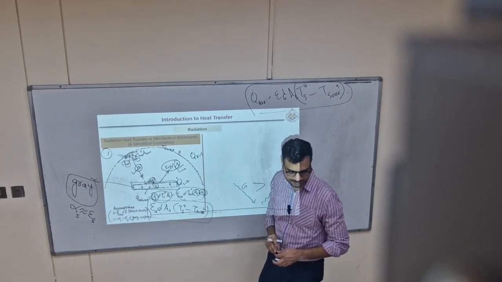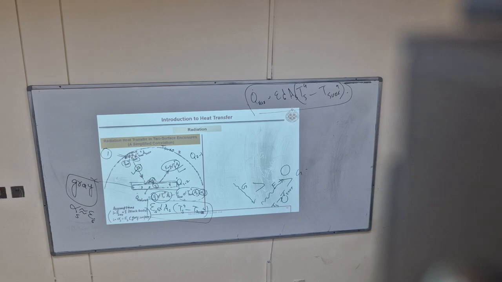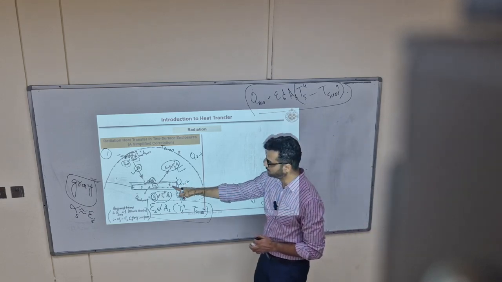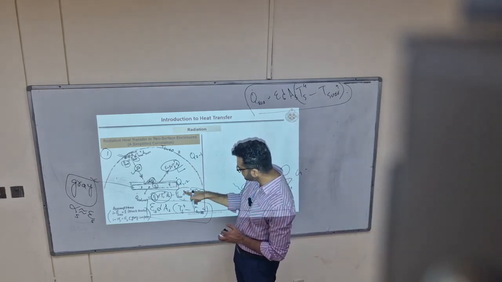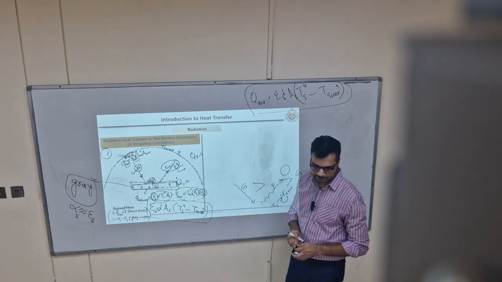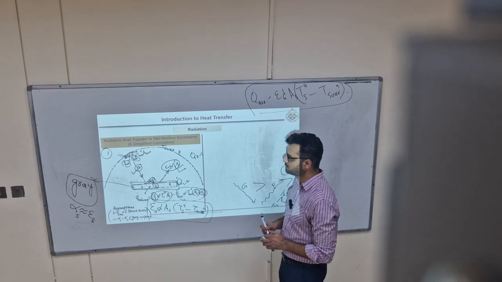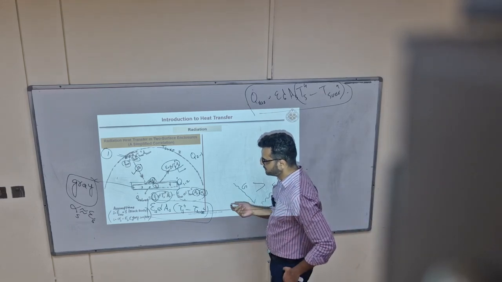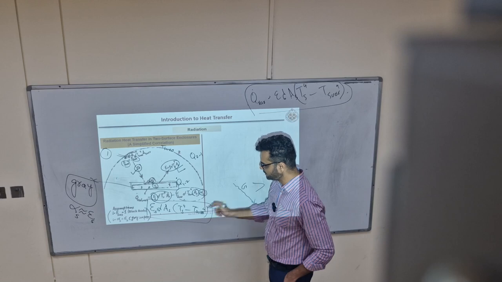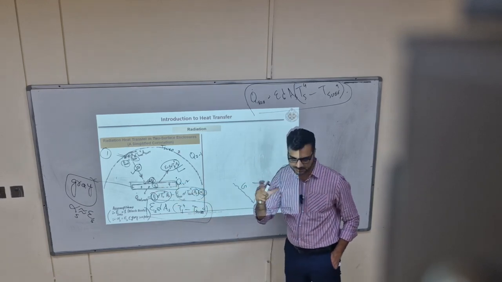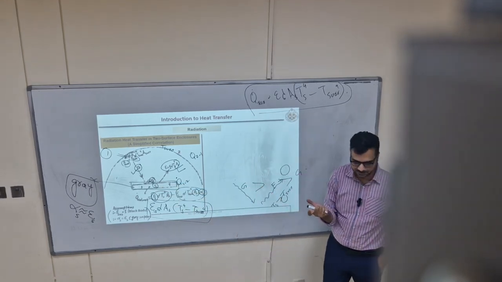Will it be the same? This equation is for 1 to 2. But can I write the same for 2 to 1? Maybe yes. Minus, that's all. The same equation, but only the sign could change.